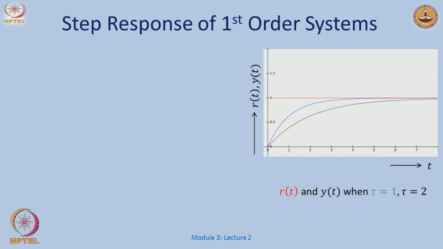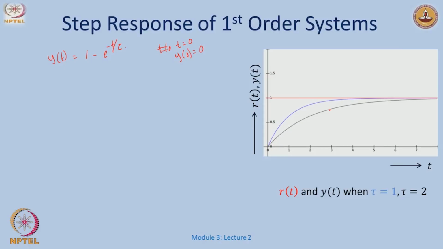Now, something good happens here. Look at this signal: y of t is 1 minus e power minus t over tau. At t equal to 0, y of 0 is 0, and that is what the plot says.